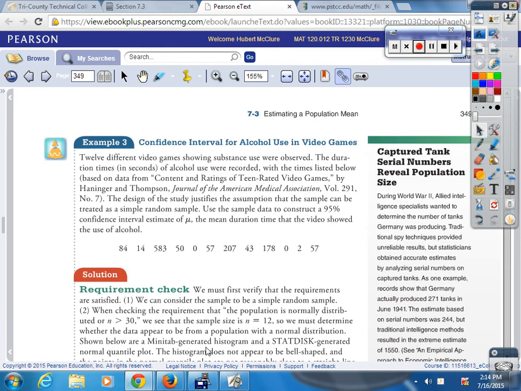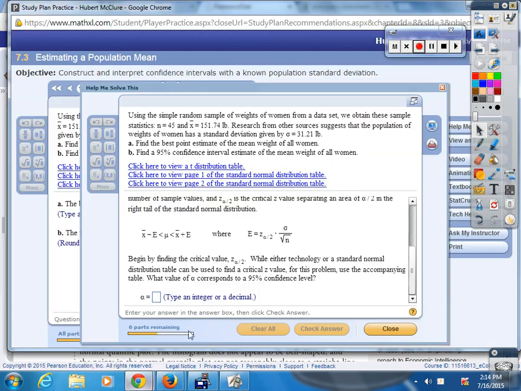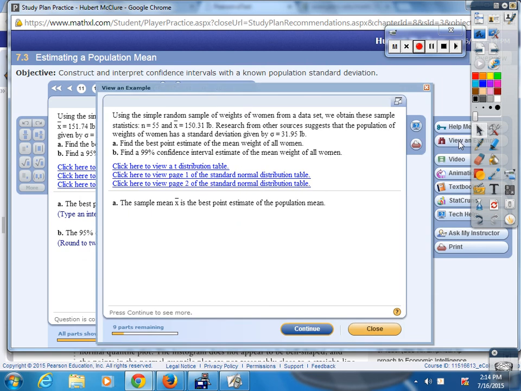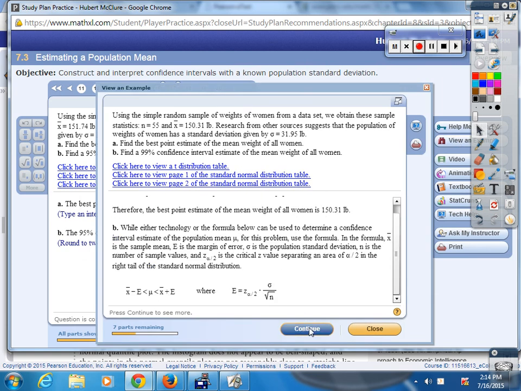Wait a minute. Let's get out of this. Go to view an example and see what they say. Nothing that says z-table.